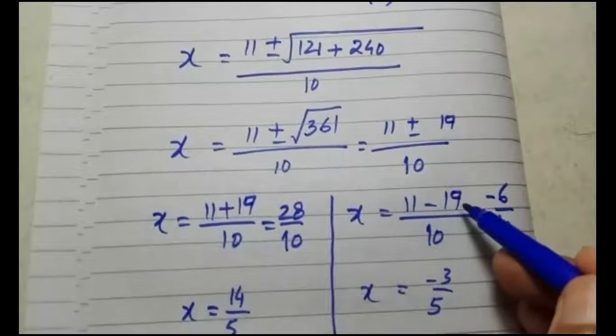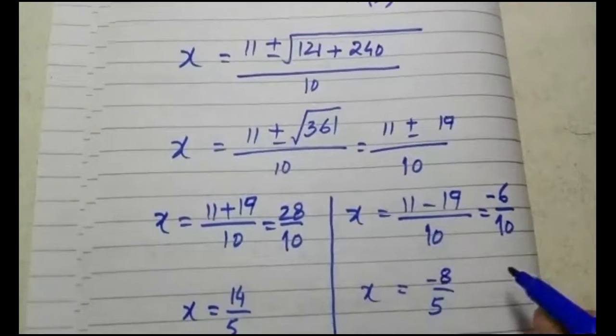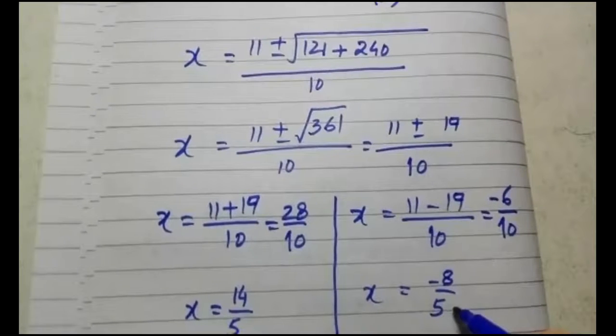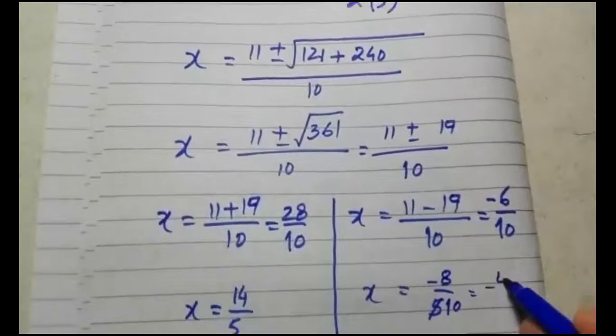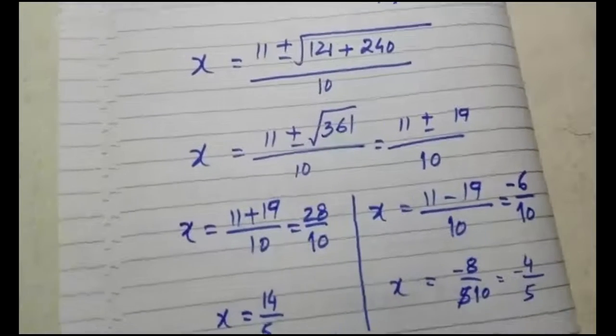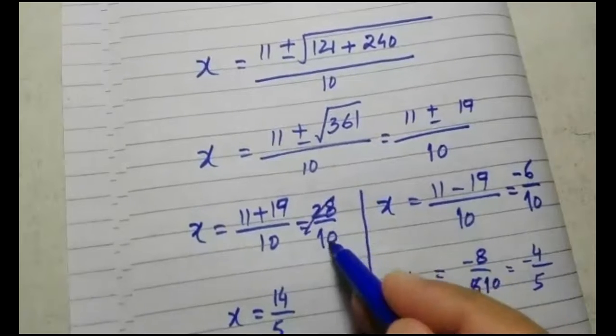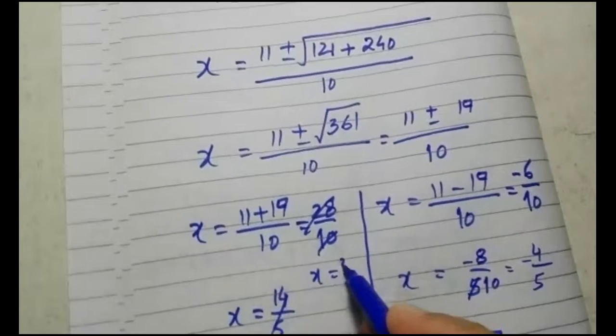It will become minus 8 by 10. So simplified, it will become minus 4 by 5. And here it will become 30 by 10. So I will just cancel it directly. I will write x should be equals to 30 by 10.